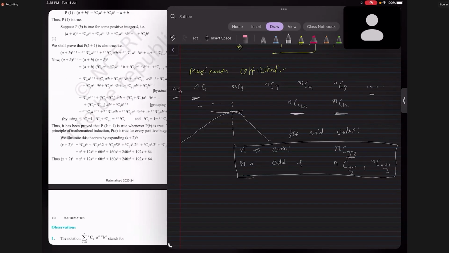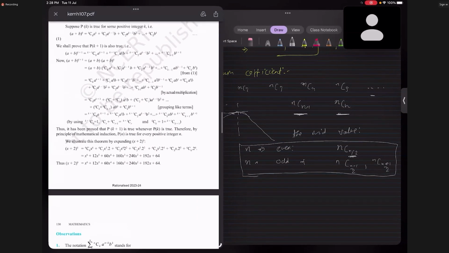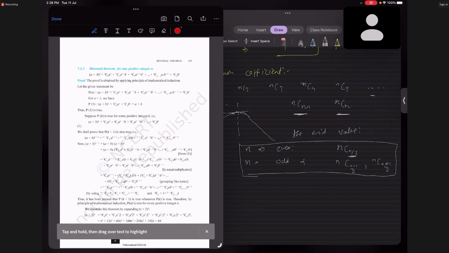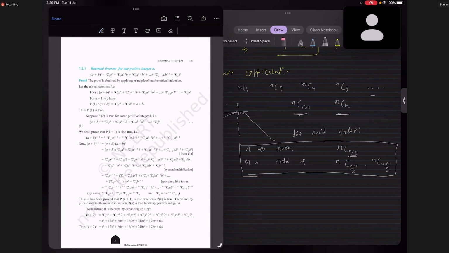And if you see some expression like the illustration given here, so you can see (x plus 2) to the power 6. Here we have expanded this expression.